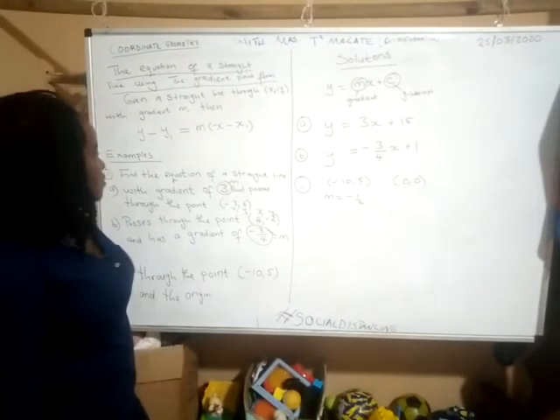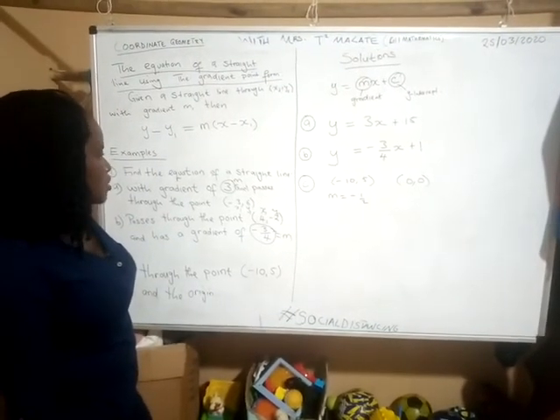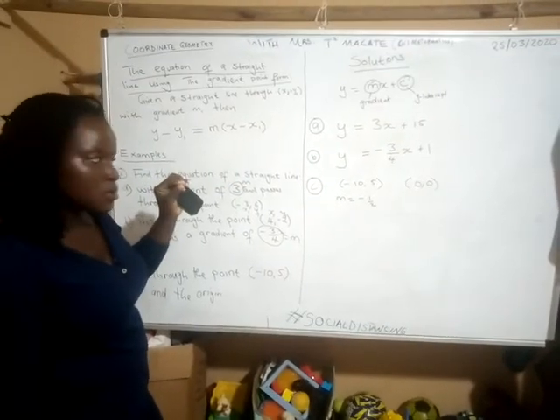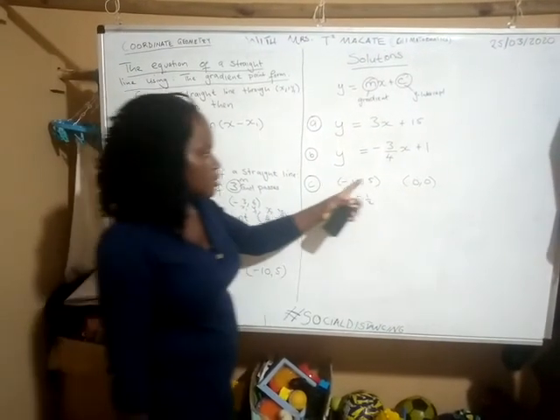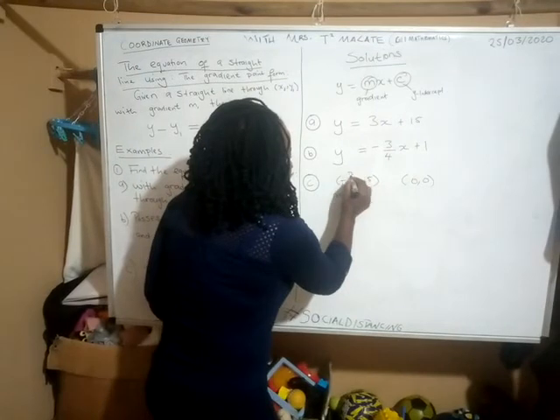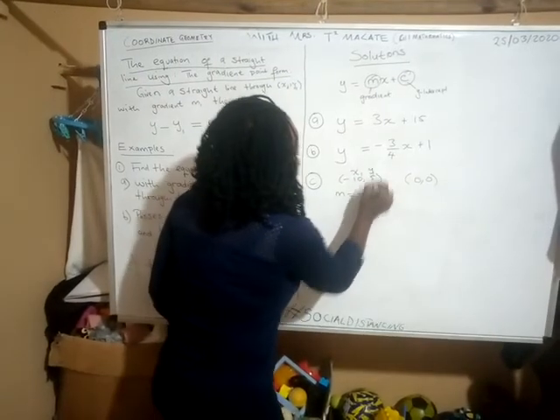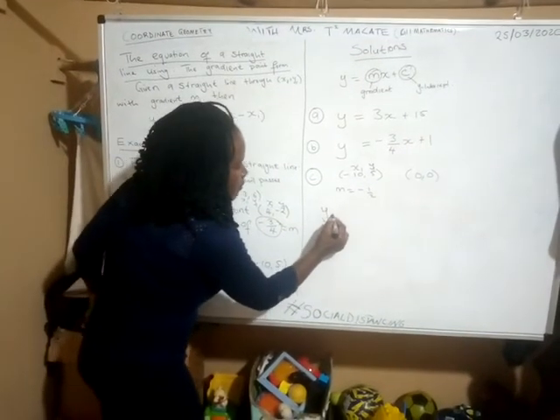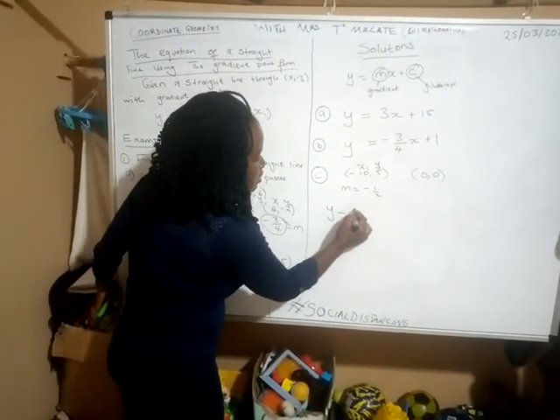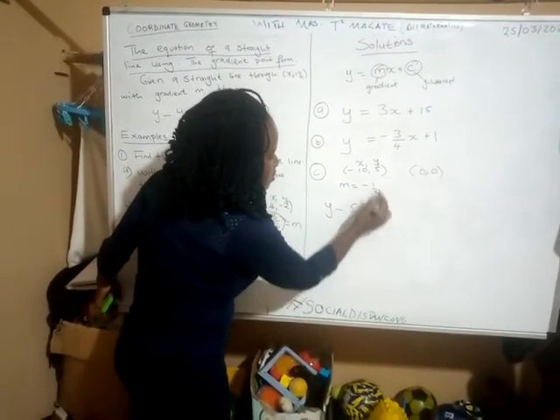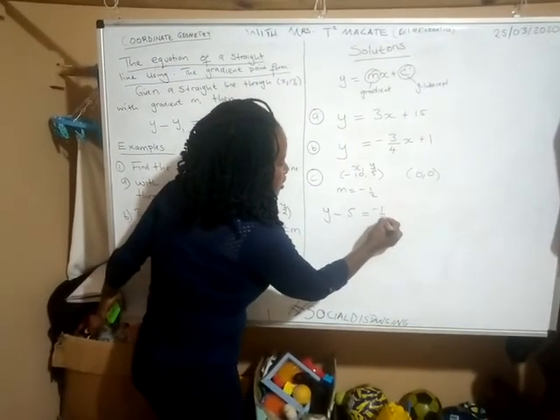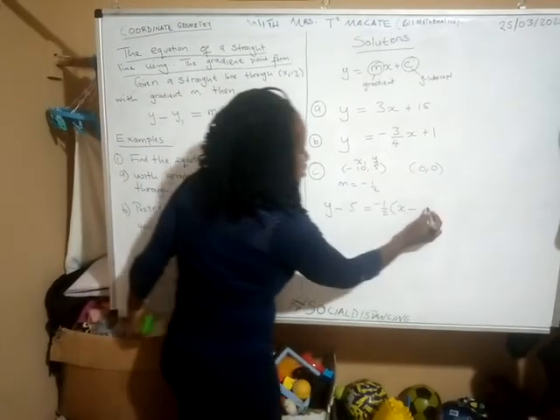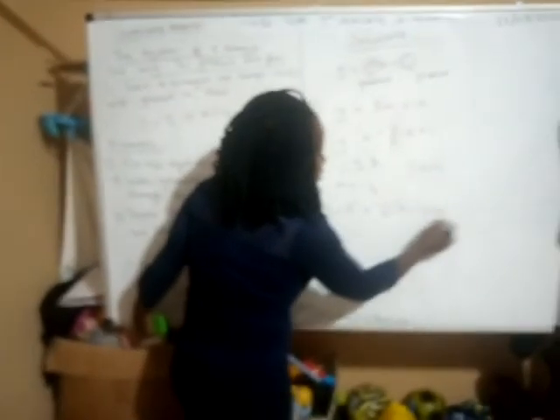Our interest is to find the equation of a straight line, so we'll do our substitution. Notice in this question, they just need for us to use one coordinate. So you can use this one, which is x1, y1. Y minus y1, which is 5, is equal to our gradient, negative half, times x minus x1, which is minus 10.